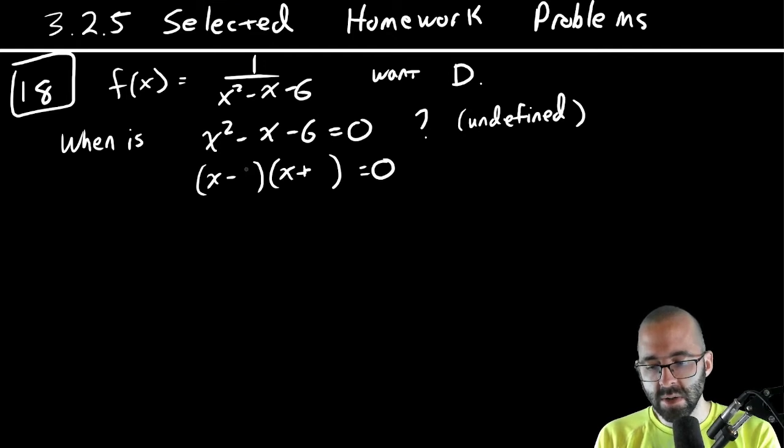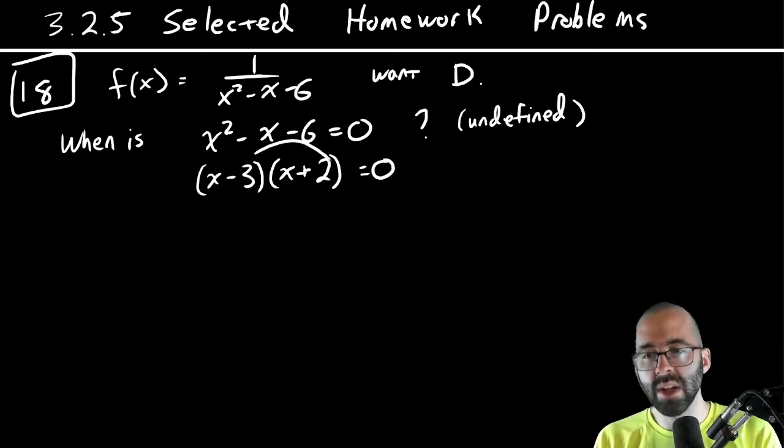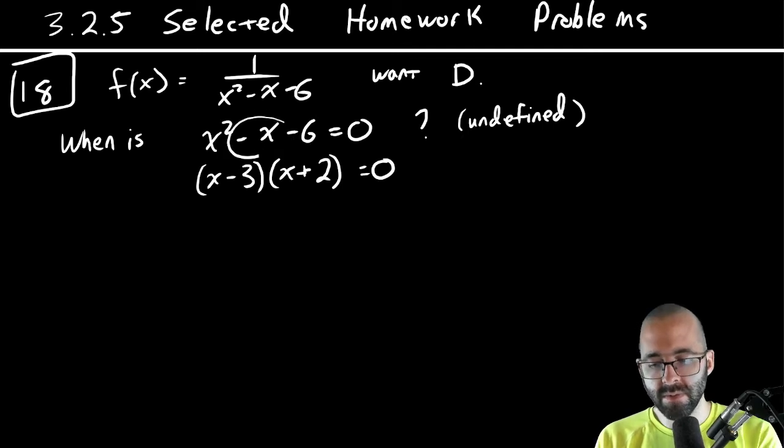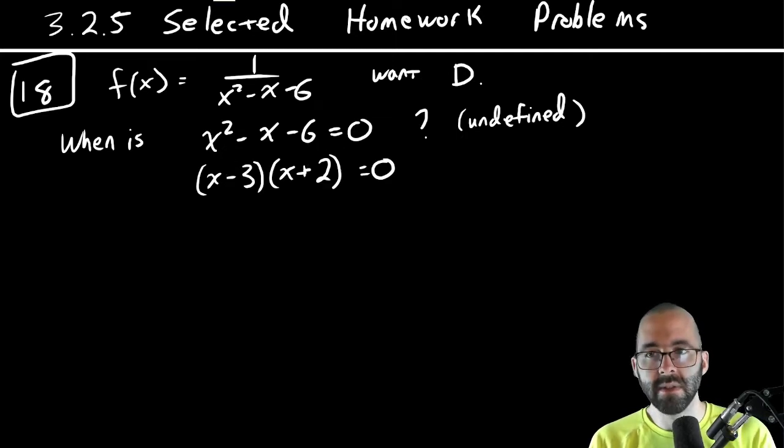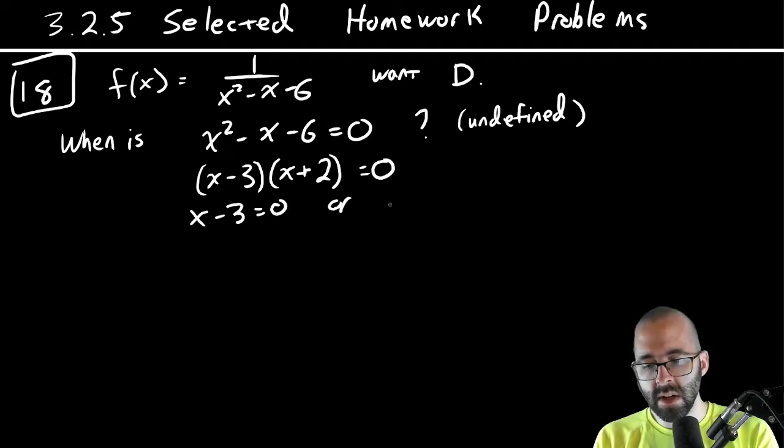We're going to say minus 3, plus 2. And check our answer: x squared minus 3x plus 2x, that's a minus 1x, minus 6. Checks out.